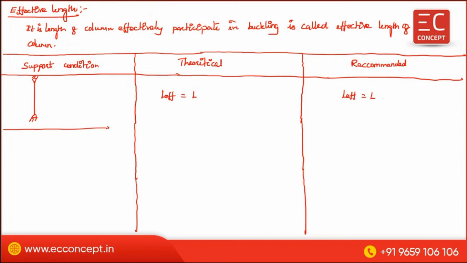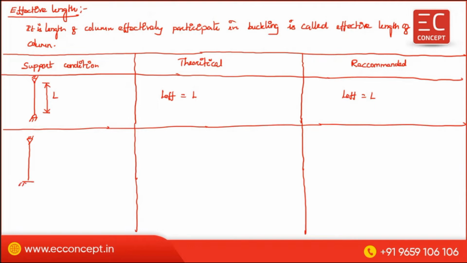Here L means the total length of the column. The next one is one end pinned but the other end fixed. So this is the length of the column.